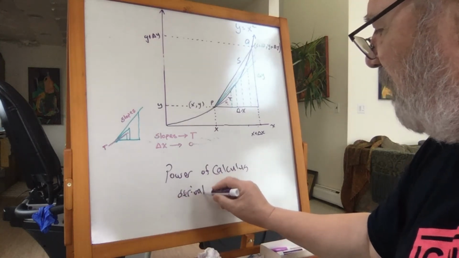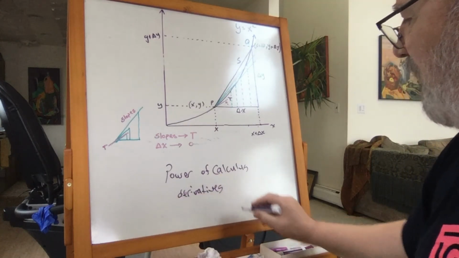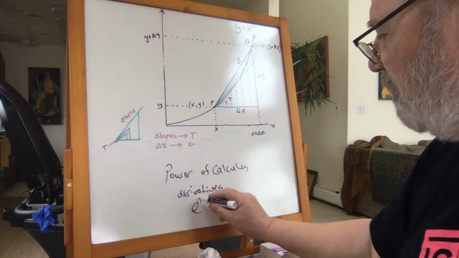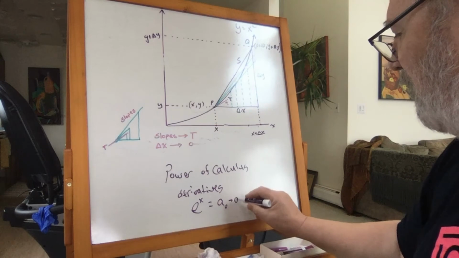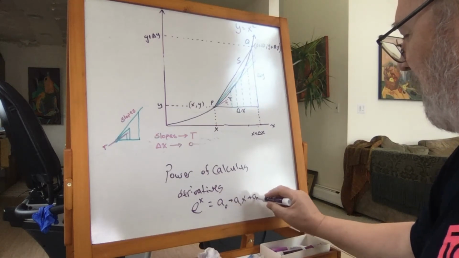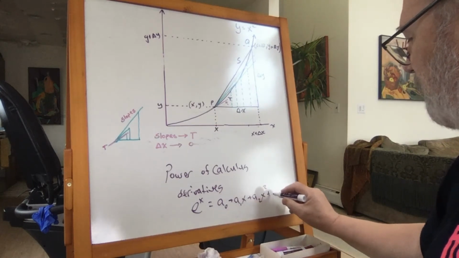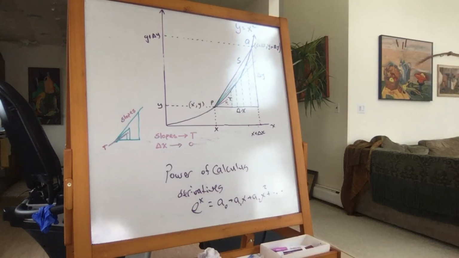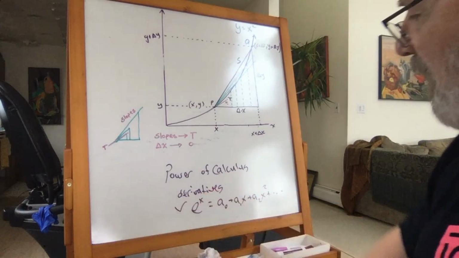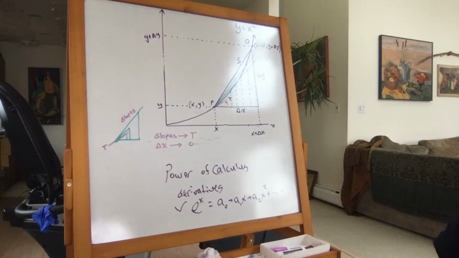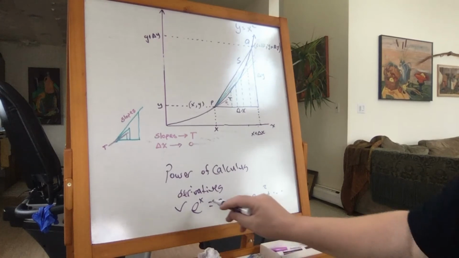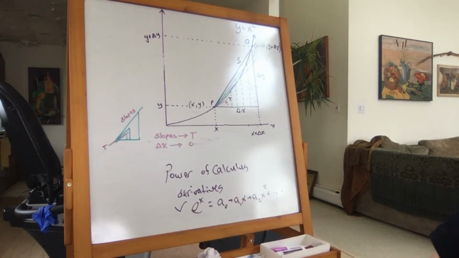Remember those Taylor series that I gave you, where e to the x equals a naught plus a1x plus a2x squared plus blah blah blah, goes on infinitely. Now we're going to be able to work out, instead of just giving you a Taylor series for that, you're going to be able to work it out for yourself.